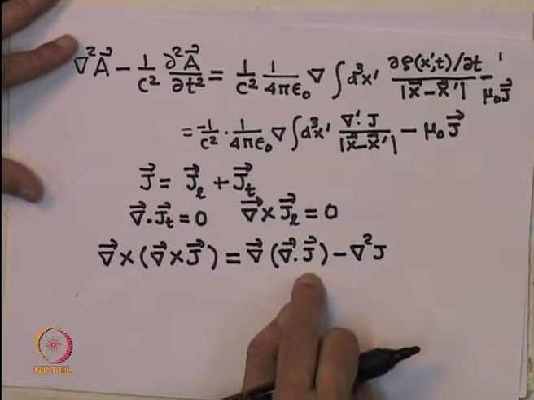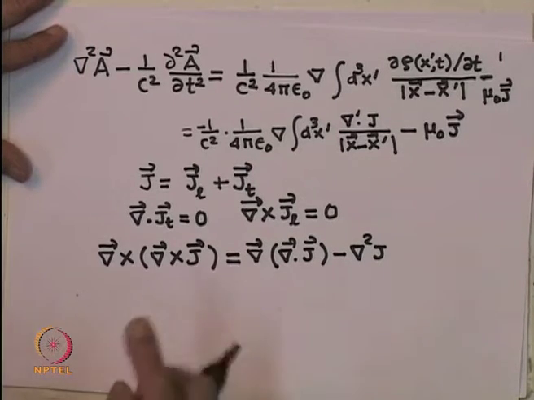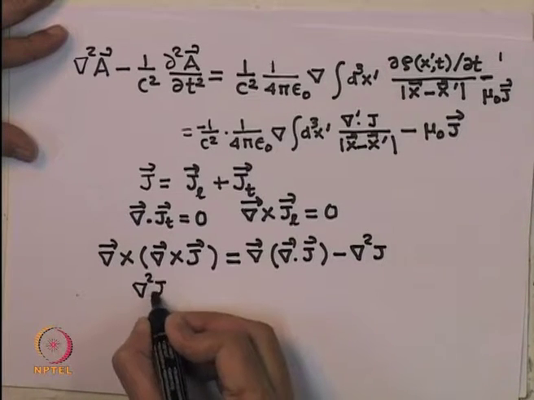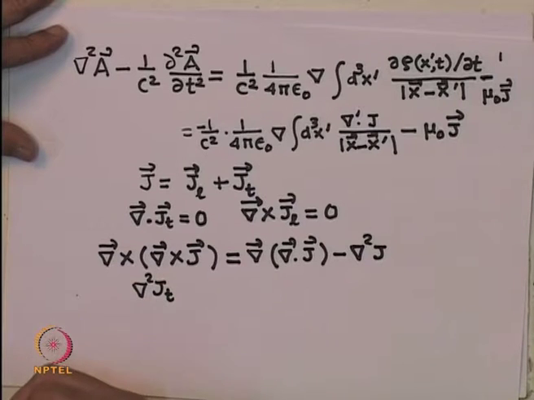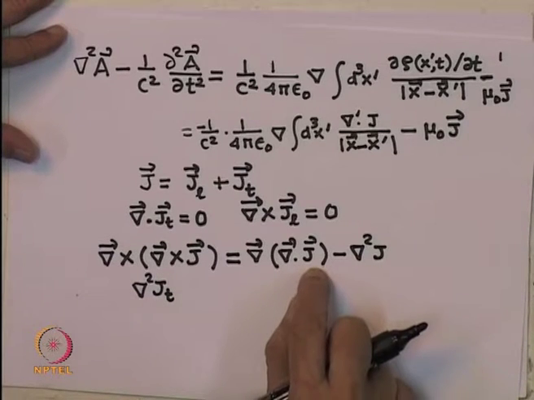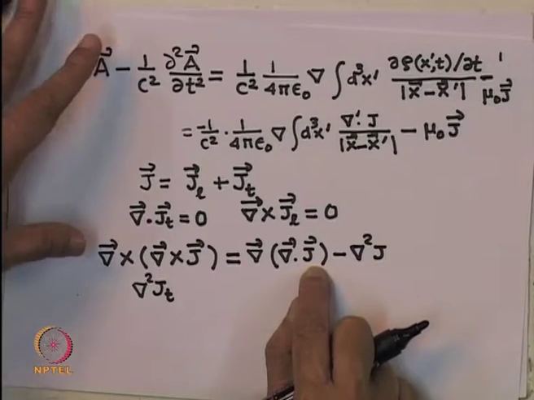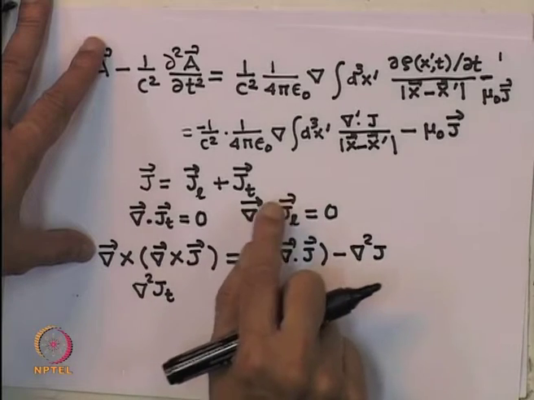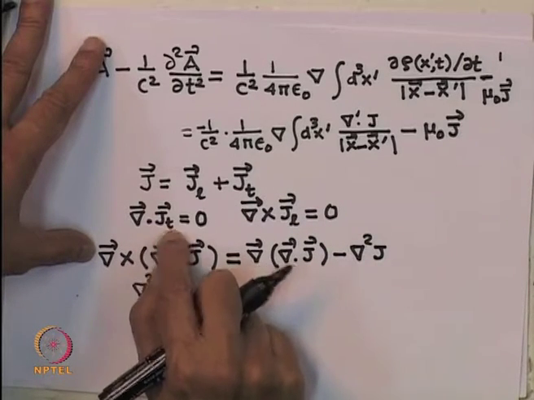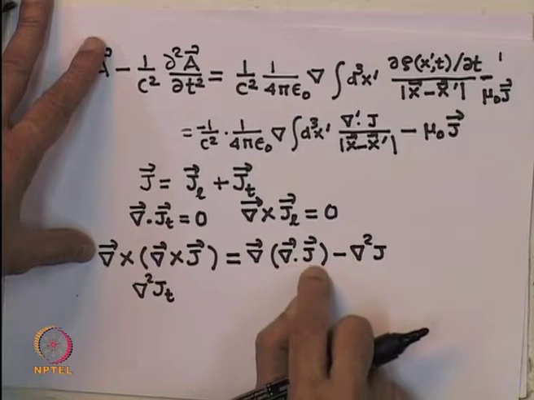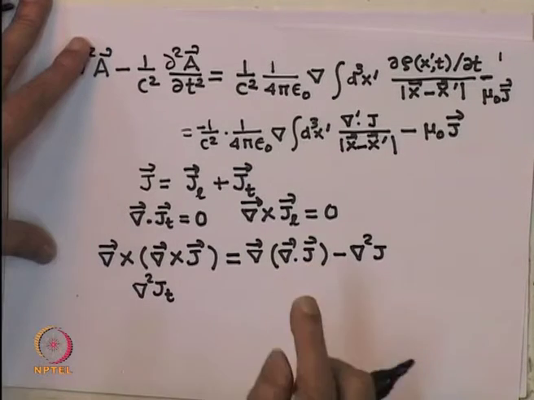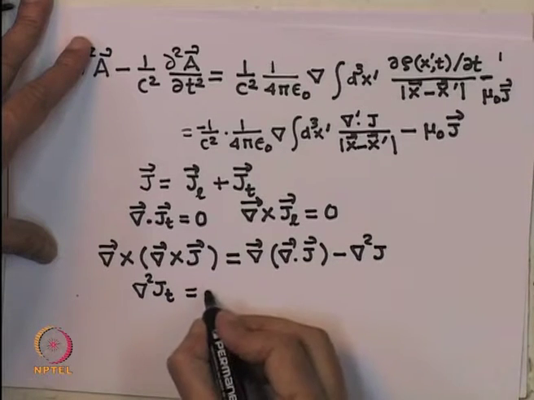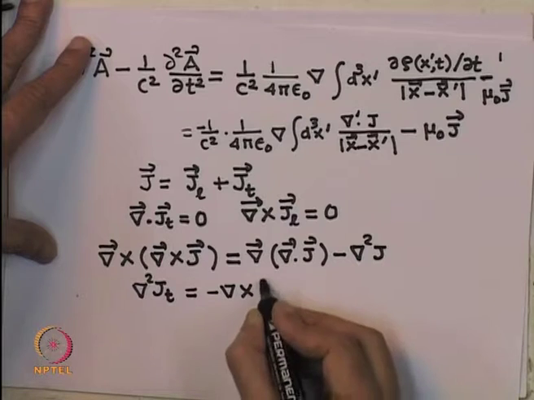So, if I now want to write down what is del square of the transverse component of j, I notice that the curl does not vanish, but divergence of the transverse component is 0. So, del dot of j transverse is 0, and I will be left with, there is a minus sign there, minus of del cross del cross j.